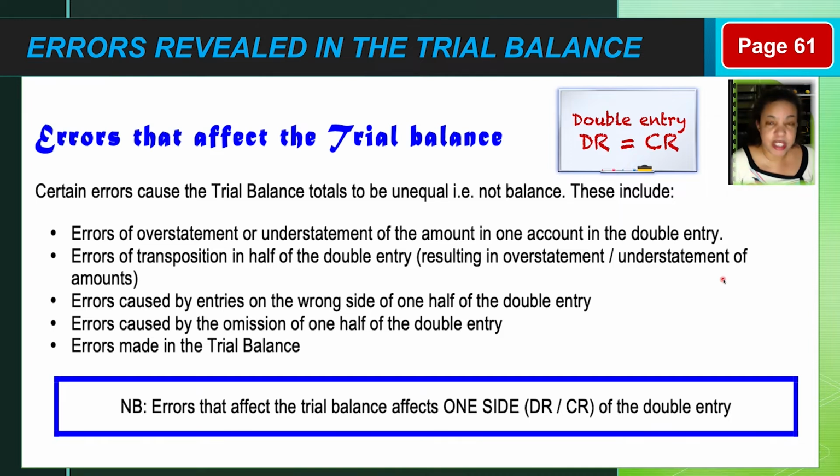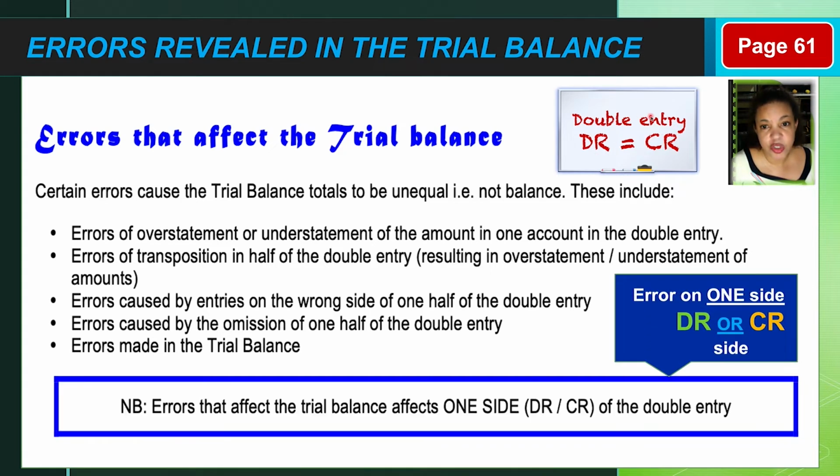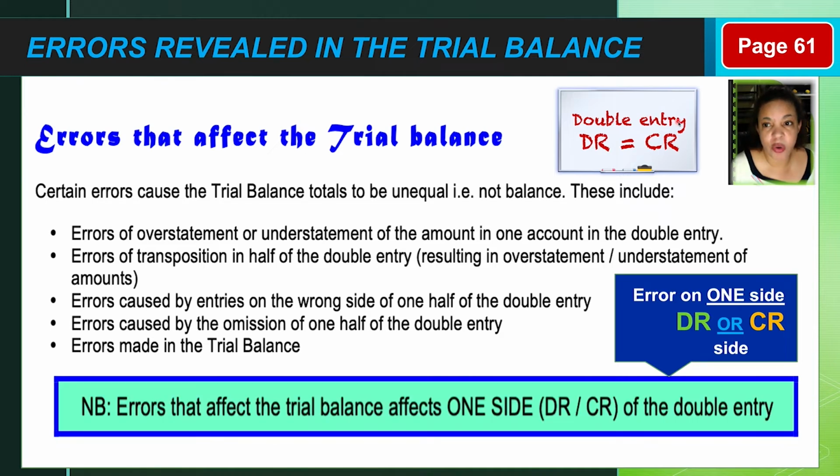And most importantly, in terms of these errors, they are revealed in the trial balance because debits are supposed to be equal to credits, but they are not equal. Why? Because there was an error on one side. So because there was an error on only one side, whether it's the debit or the credit, that is why it is affecting the trial balance.